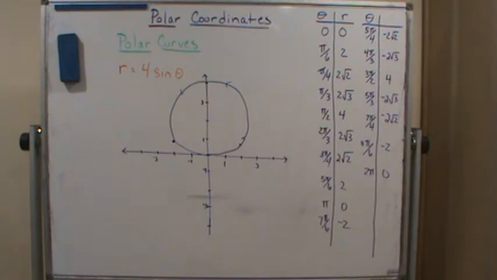Now, we can graph this, right? We can convert this to rectangular coordinates. Now, how do we convert this to rectangular coordinates? This is where we have to kind of think about this.